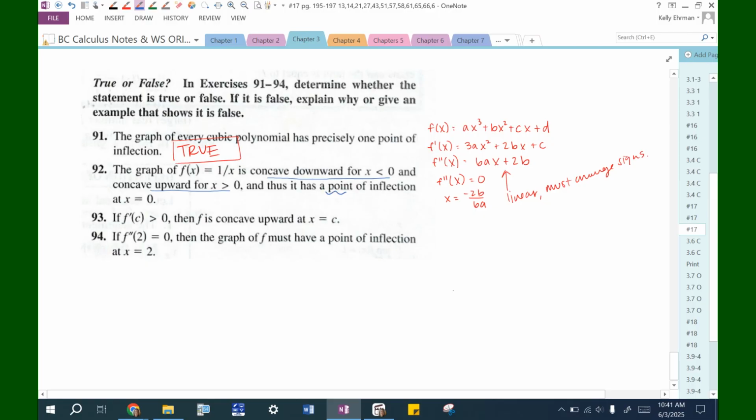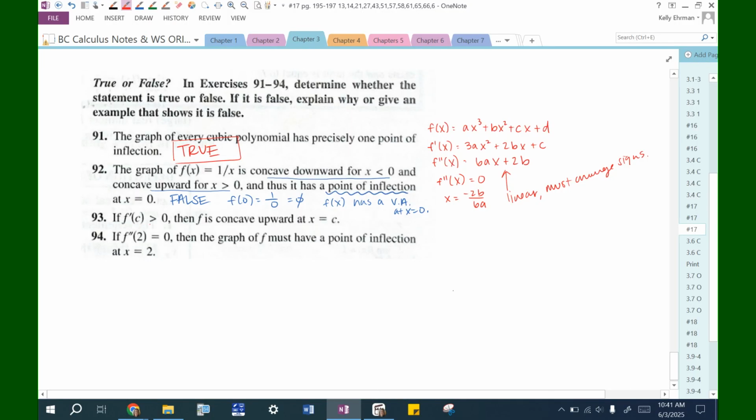But we have to be careful. Just because you change concavity doesn't guarantee that you have a point of inflection, because what's wrong with this picture? F of 0 is equal to 1 over 0, which is undefined. This is false because f of x has a vertical asymptote at x equals 0, so it can't have a point on a vertical asymptote.